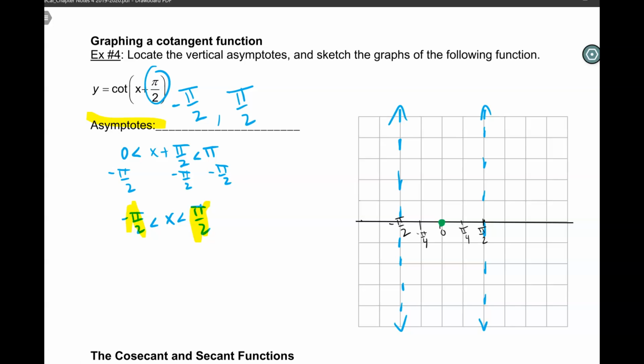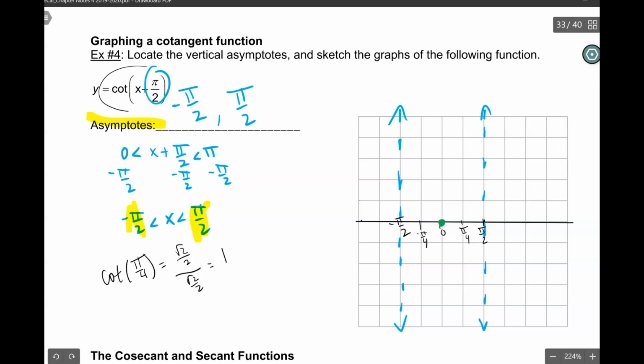So this time, if I took cotangent of pi over 4, it's positive. Cotangent of pi over 4 is root 2 over 2 over root 2 over 2, so this is 1, except the issue is this is cotangent of x plus pi over 2.